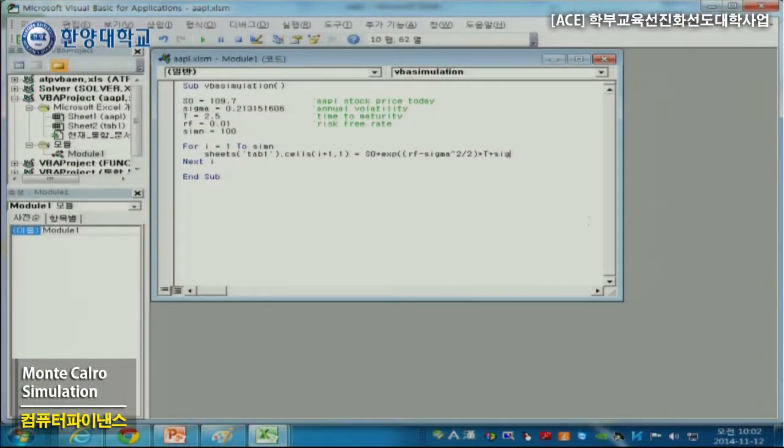Plus sigma multiplied by T to the half, multiplied by Z. Okay.